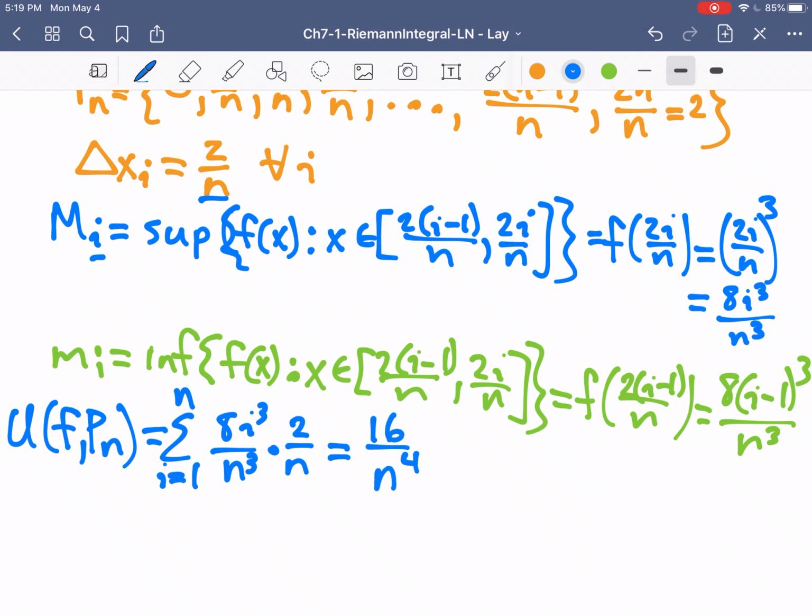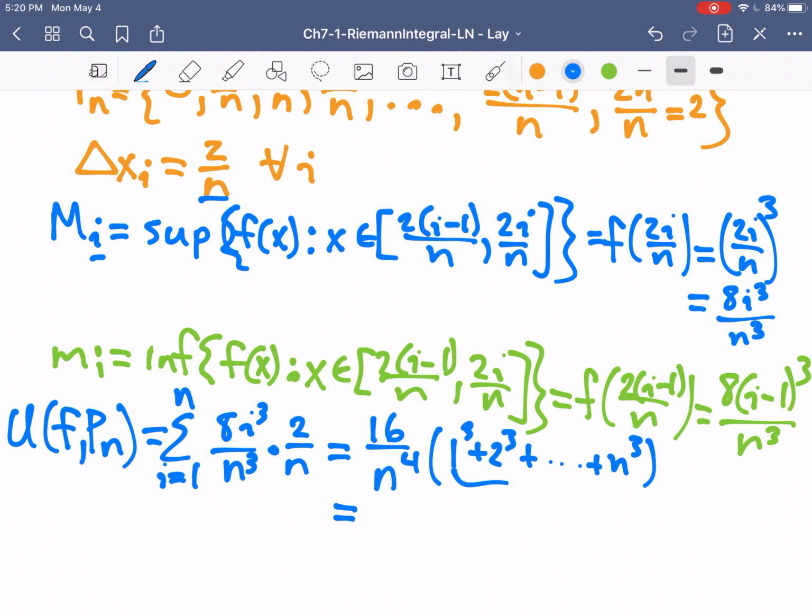16 over n to the fourth times 1 cubed plus 2 cubed plus up to n cubed. Right, so we were able to factor out all of the stuff other than the I cubed, all the stuff that was not changing.